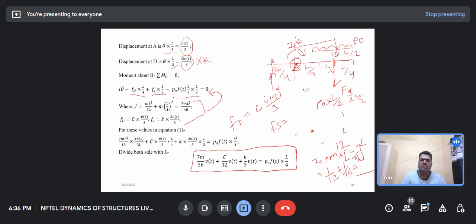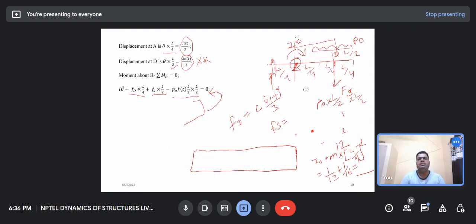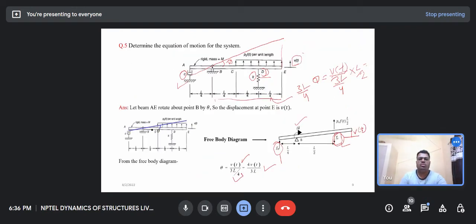Yes, that is the applied load, an external load that is applied. If in some questions there is no P naught external load, then for free vibration you consider that there is no force, and we give some displacement at that point, and that system would be the free vibration type.